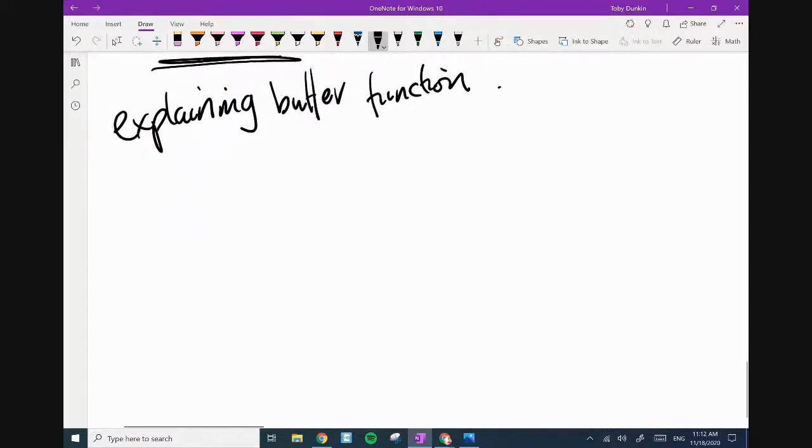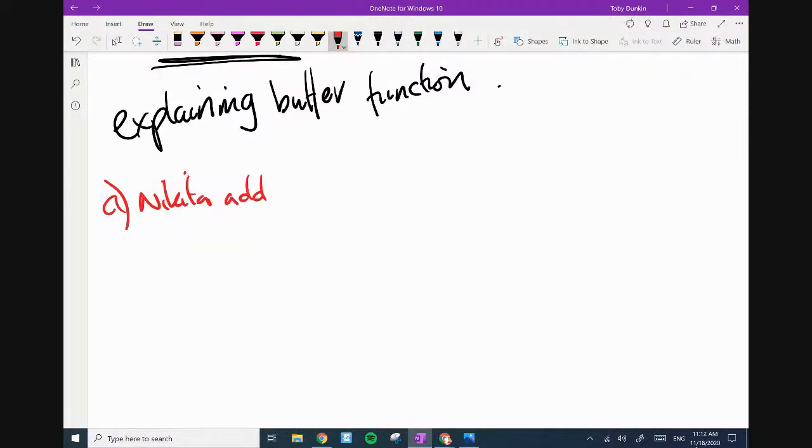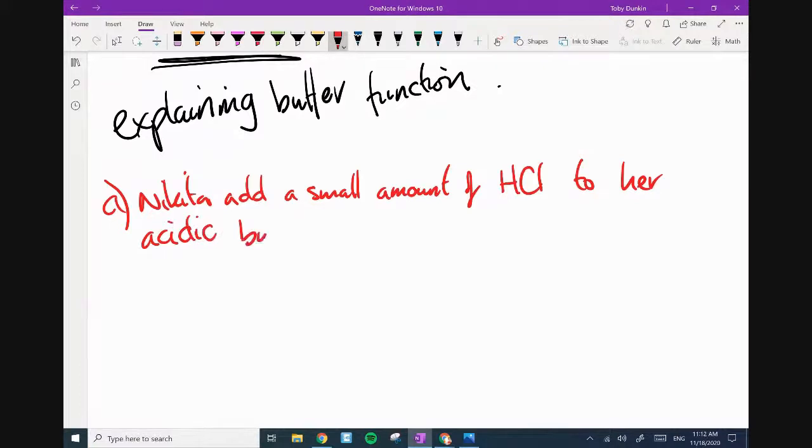What we now need to do is look at this from a question perspective. They'll say, Nikita adds a small amount of HCl to her acidic buffer.